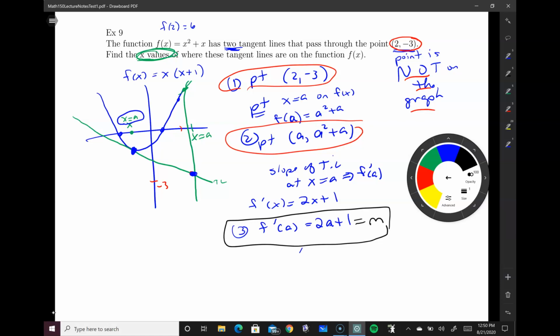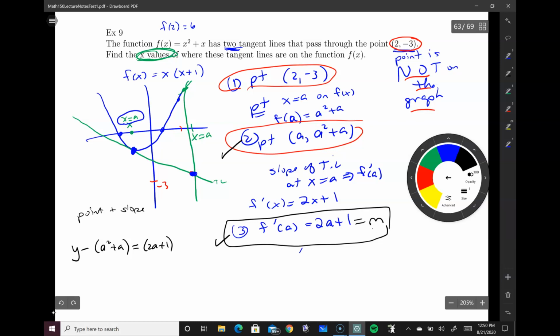So let's use a point and a slope to put together an equation of a line. It doesn't matter which point, so I'm just going to choose these two. So I have y minus (a squared plus a) equals the slope 2a plus 1 times (x minus a).